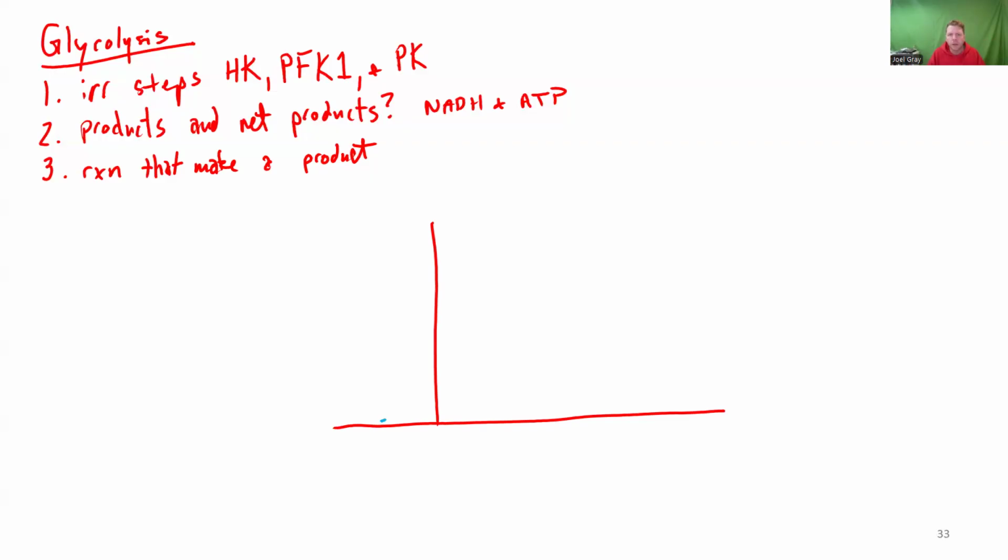I'm going to say, okay, blue indicates no inhibitor. So that's just my reaction being catalyzed. I'd also want to go ahead and label my axes. So I'd say 1 over initial velocity and 1 over substrate.